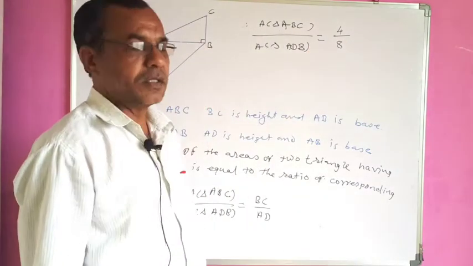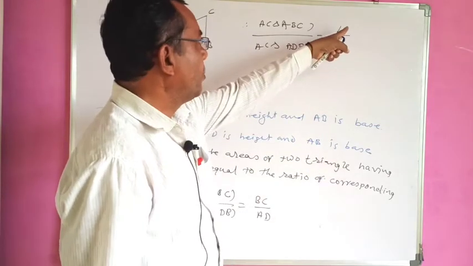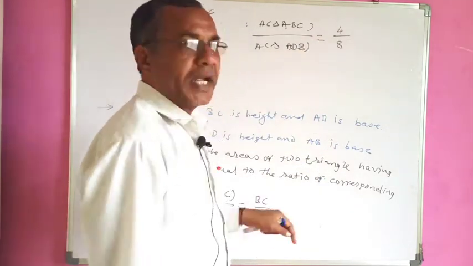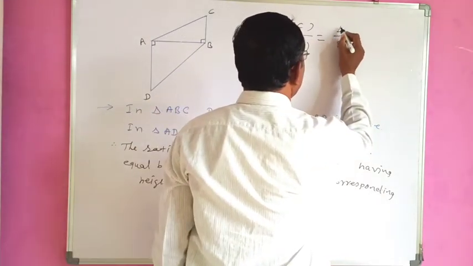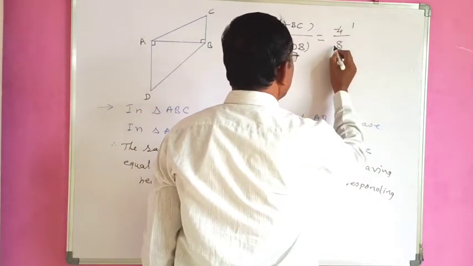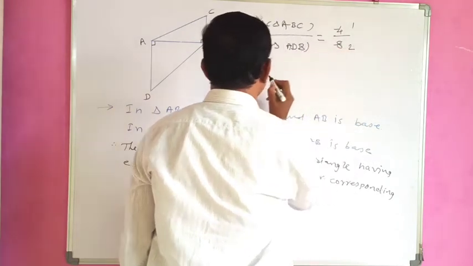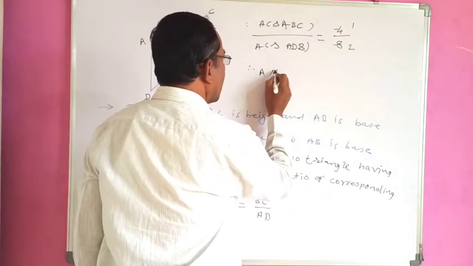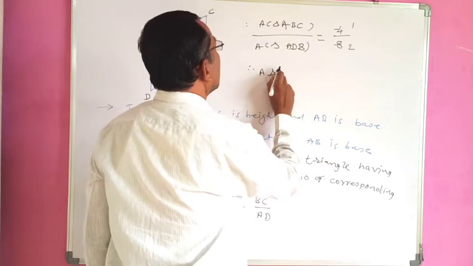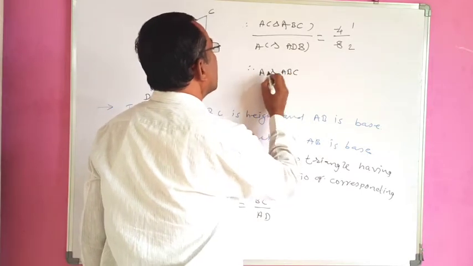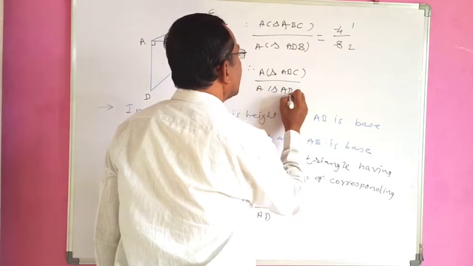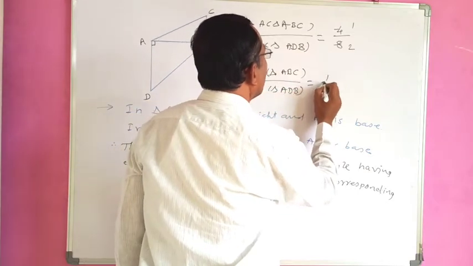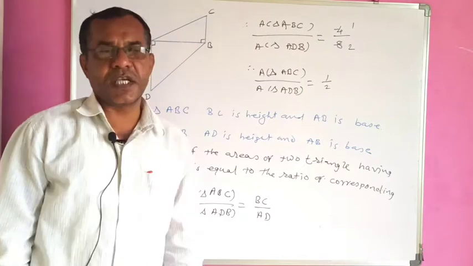Here we have put the values of BC and AD. Therefore, 4 will be cancelled. 4 by 8, 4 ones are 4, 4 twos are 8. Therefore, area of triangle ABC divided by area of triangle ADB is equal to 1 by 2. It is the answer of the second example.